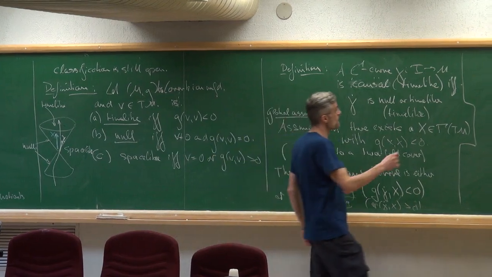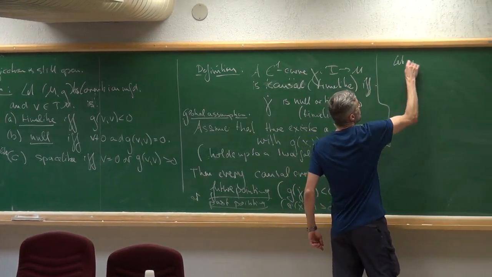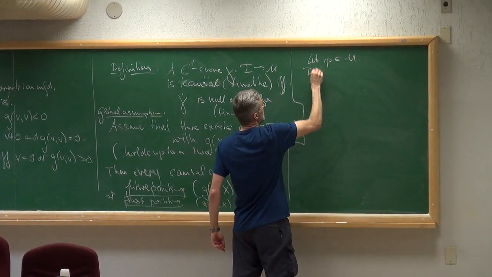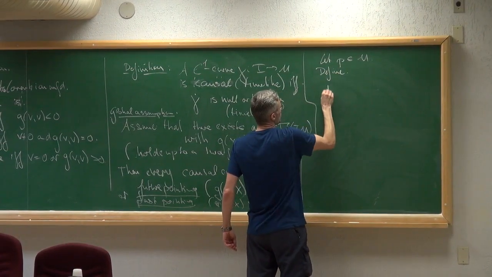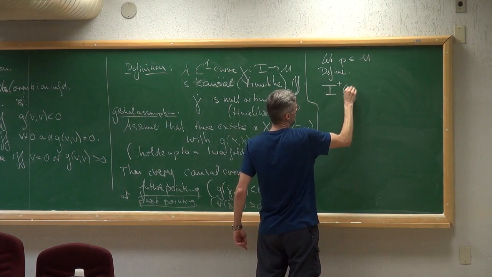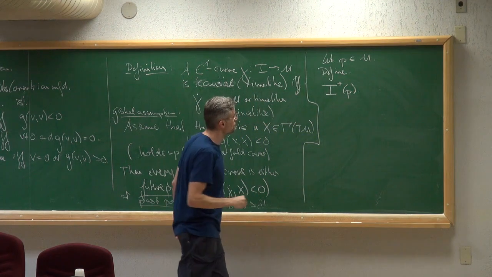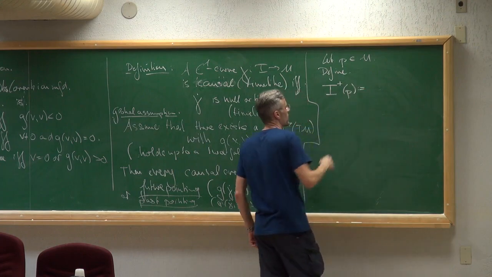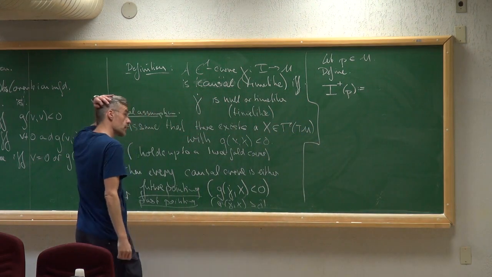So, let P in M be a point, then define, first of all, I plus of P. Let me define I plus and I minus analogously.